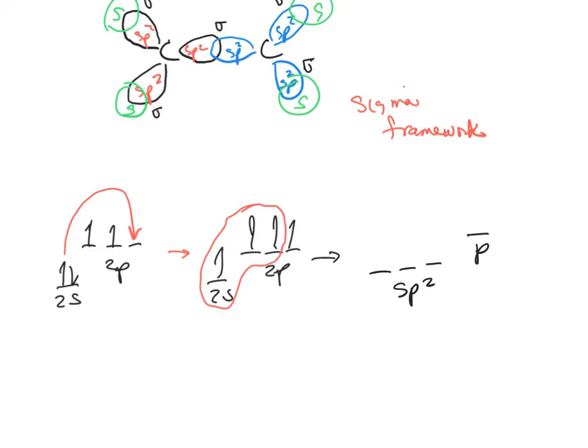You have 1 p left over, and notice that I've taken off the 2 here. I think I mentioned that in another video. That's fine to do. I always do that, in fact. So then you have 1, 2, 3 for the sp2 hybridization, and then here's what's new: you have a p electron that is unhybridized. That's the one that will be involved in the pi bond.